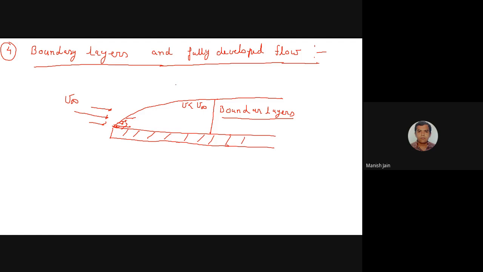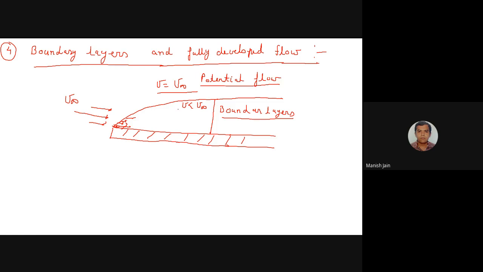And where the velocity remains almost equal to the free-stream velocity, that is called the potential flow region. Potential flow means where the solid boundary does not affect the flow of the fluid.